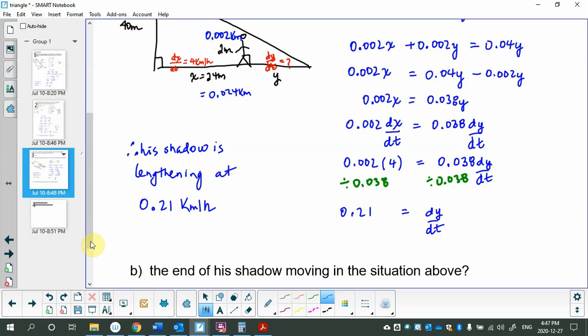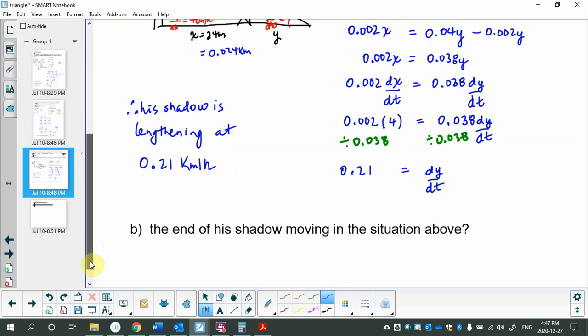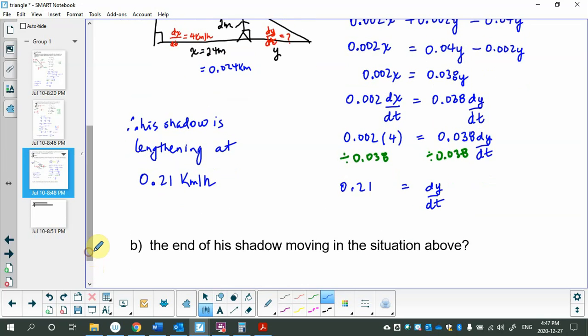All right, so B is the easy question. So if I want to know how fast the end of his shadow is moving, so that's this point right here, that is actually a combination of dx by dt and dy by dt, meaning that we have to actually take dx by dt and add it to dy by dt.